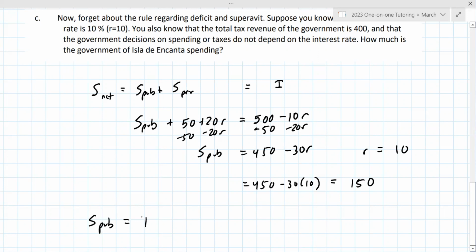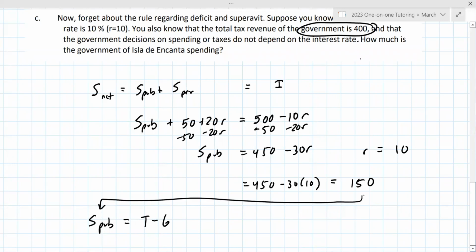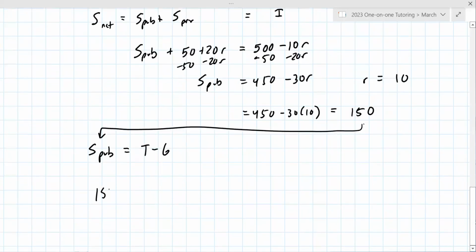Savings public is T minus G. And so the 150 is the savings public, and the 400 is the tax revenue, that's T. So 150 equals 400 minus G. Because these need to be in equilibrium, the government can spend 250 in this case.